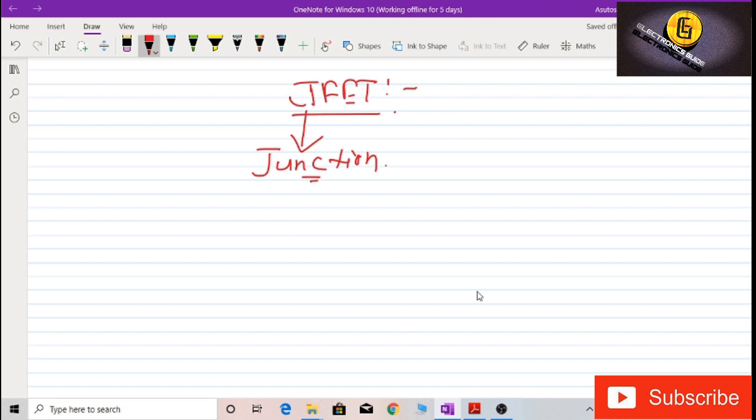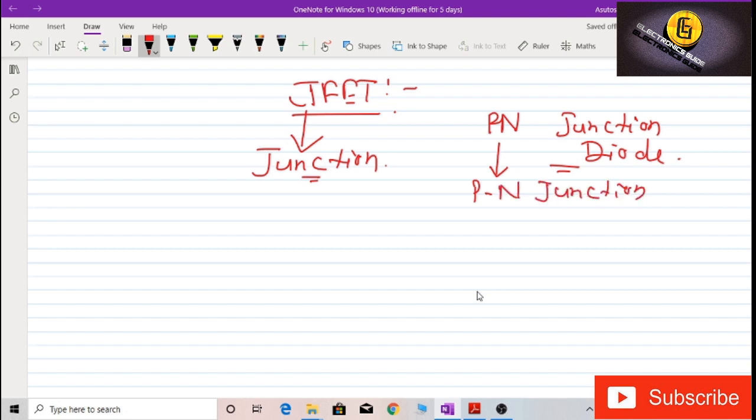Before starting this topic, I am assuming that we all are aware of the construction and working principle of a PN junction diode, because the construction has some similarity with a PN junction diode.